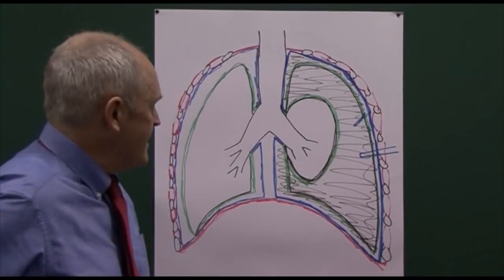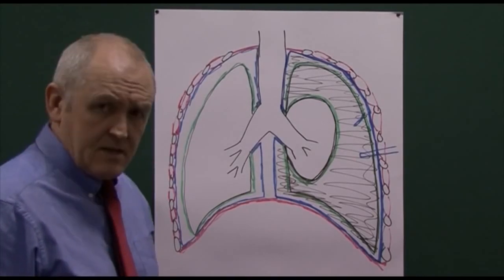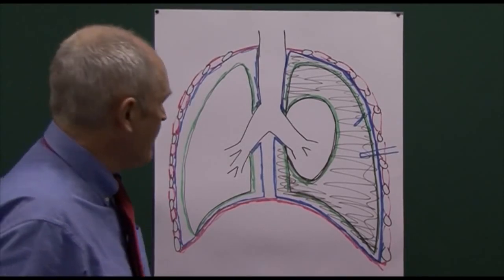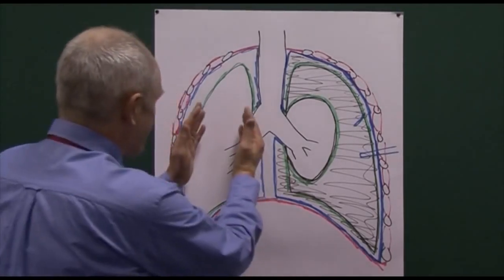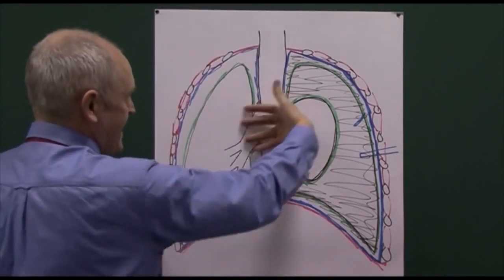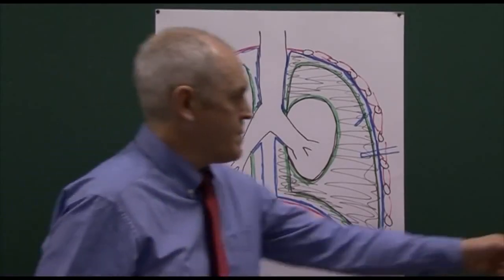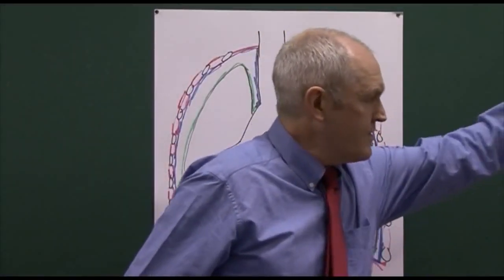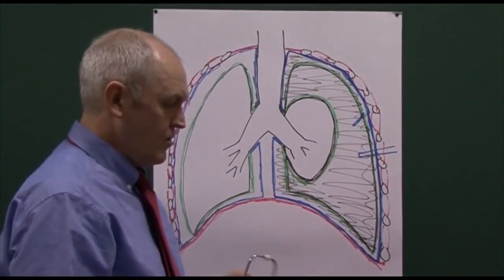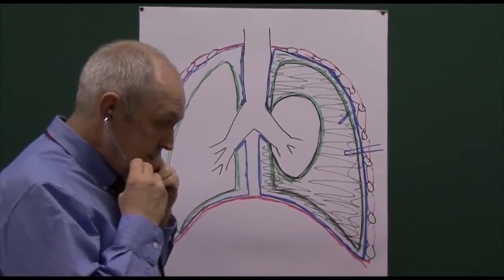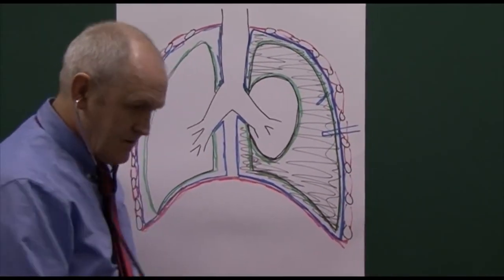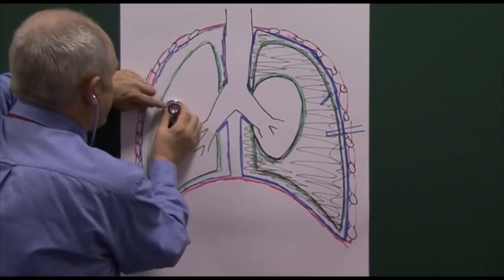So how would we recognise that this had occurred? Well, normally, if we take the normal lung, there's air going in and out of all the bronchial passages all the time. And if we listen to the normal lung, we can hear the air going in and out of the bronchial passages.